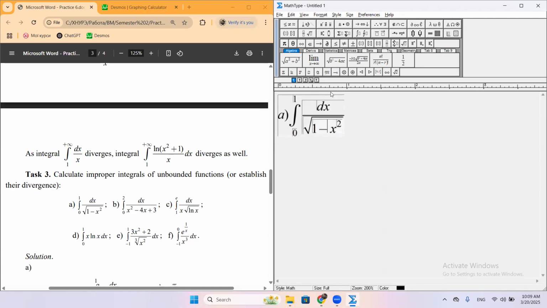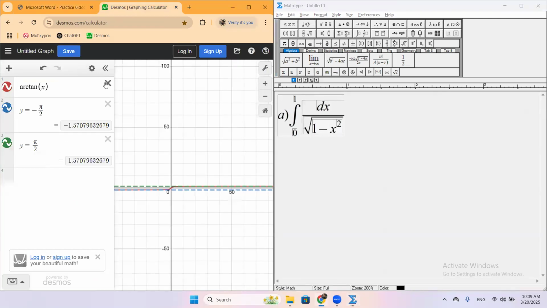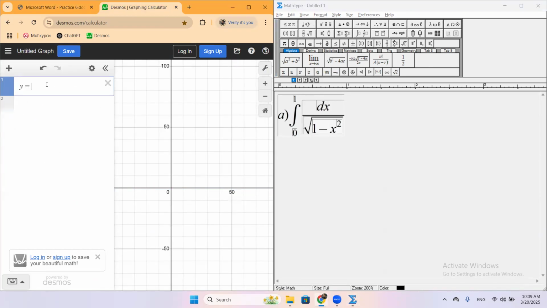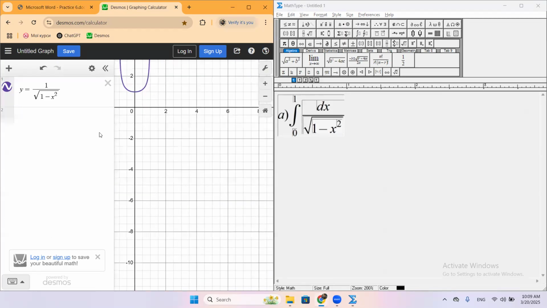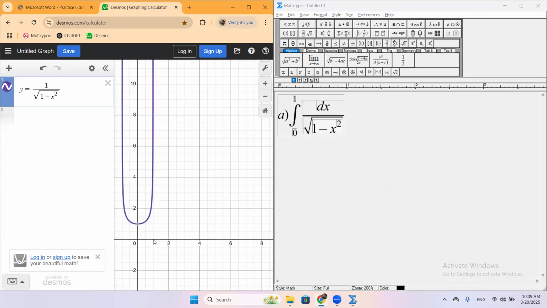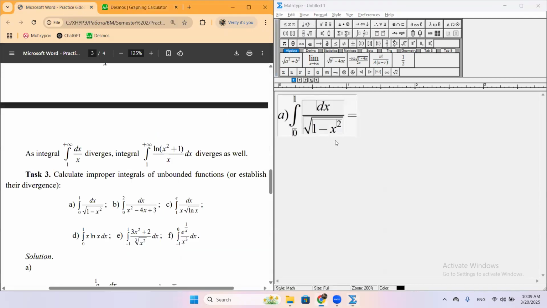When x equals 1, this function is unbounded. 1 over square root of 1 minus x square, from 0 to 1. When x approaches 1, this function rises to infinity. Now let's calculate the integral or establish its divergence.